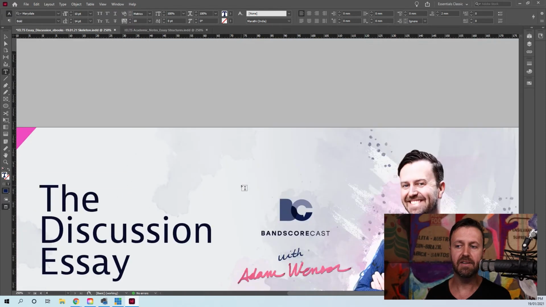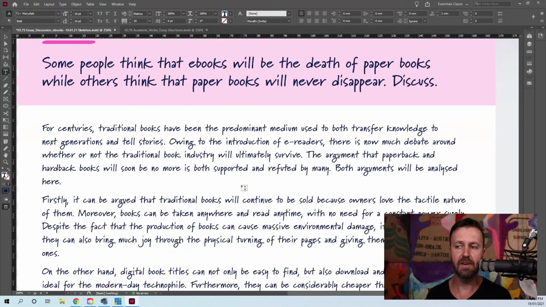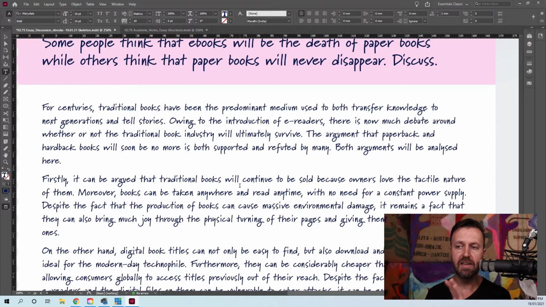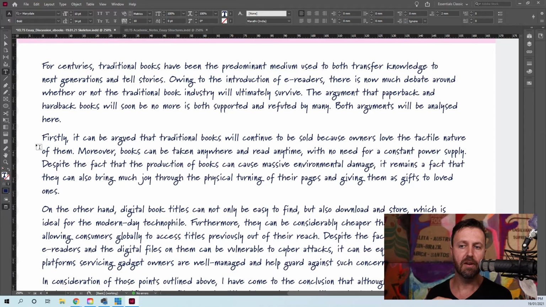So what I've done here, guys, is I've written the essay as finished, and you can see the finished essay here, the nice flow. We've got the 'for centuries', 'owing to the introduction of e-readers', 'the argument that', then both arguments will be analyzed. Then we've got our 'firstly', our 'moreover', our 'despite the fact that', and then 'it remains a fact that'. So it's some good language there.